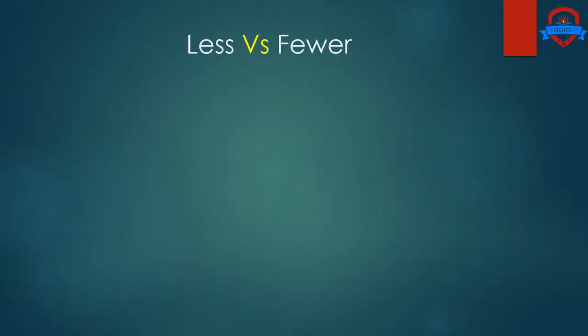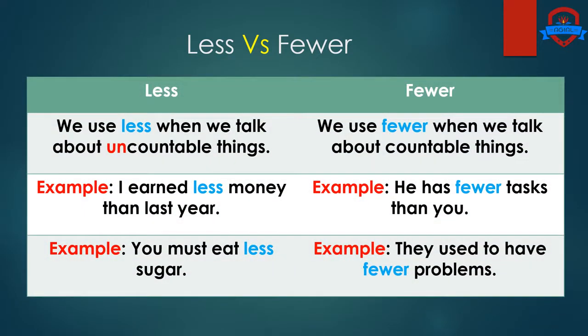Okay, less versus fewer. We use less when we talk about uncountable things. For example, I earned less money than last year. Example number 2, you must eat less sugar. Sugar here and money, they are uncountable nouns. For fewer, we use it when we talk about countable things.